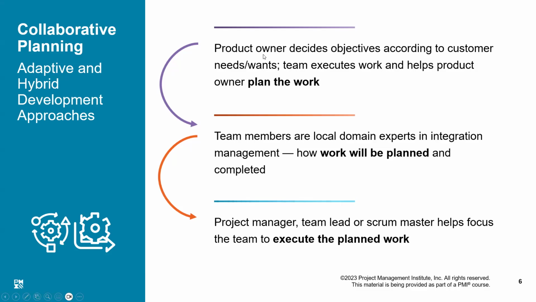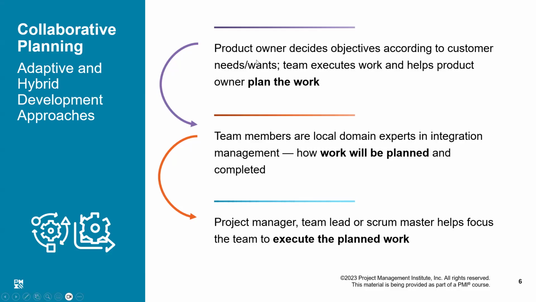That means the product owner is just like a sponsor. And he actually gives out the charter, which in Agile we call the project vision statement. You want to call it a charter, no problem. But in Agile, we usually call it a project vision statement.